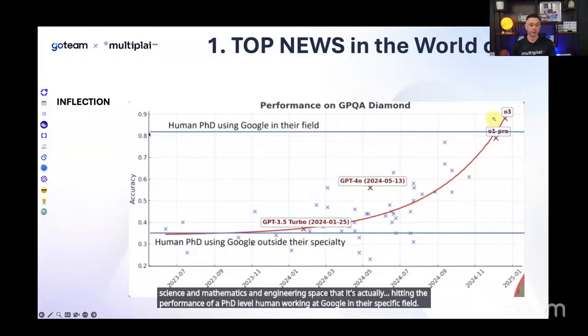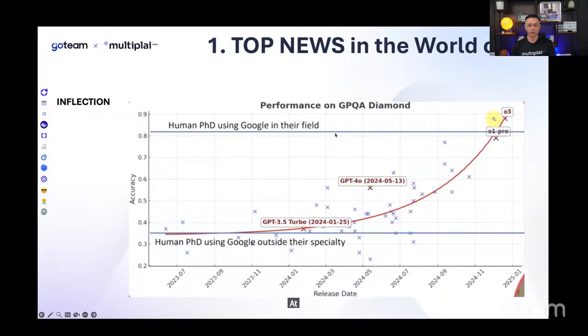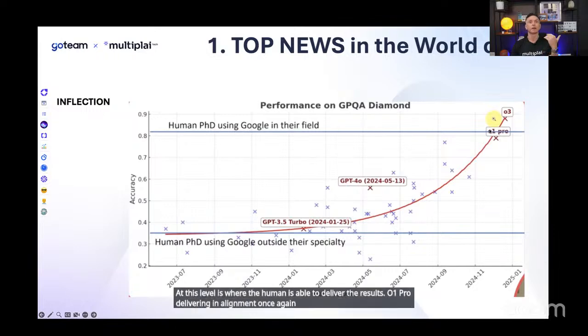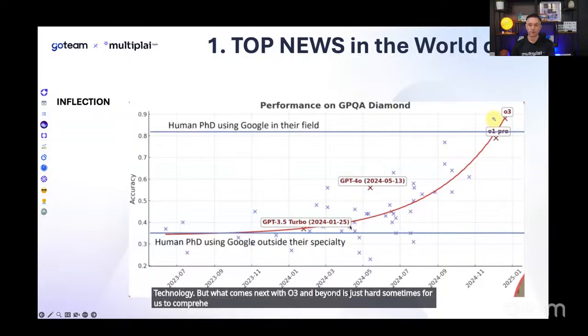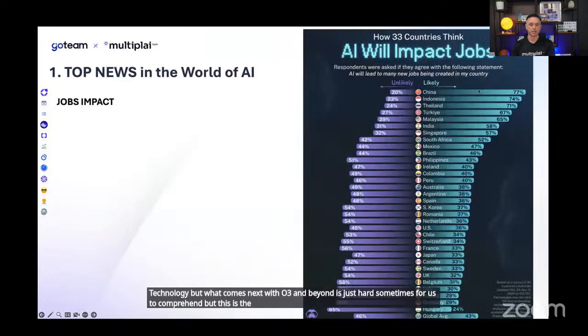So at this level is where the human is able to deliver the results, and O1 Pro delivers in alignment, once again specifically in science, math, engineering and technology. But what comes next with O3 and beyond is sometimes hard for us to comprehend. This is the pace of change that's coming.